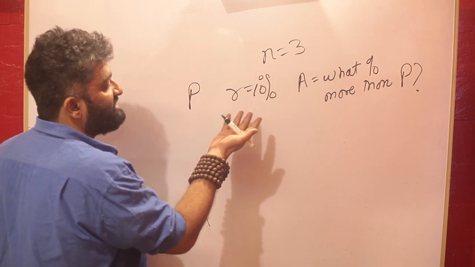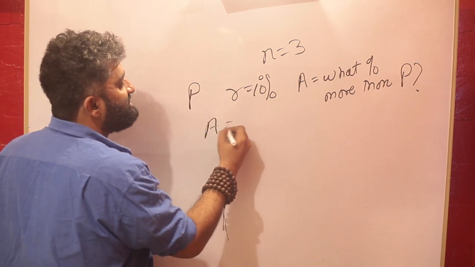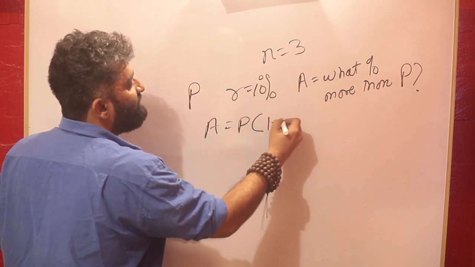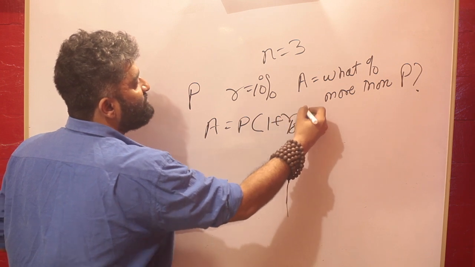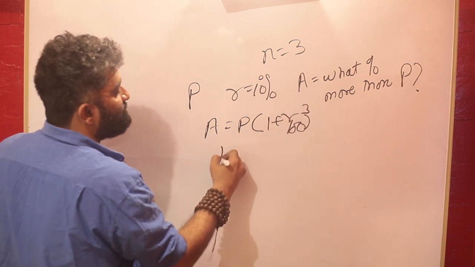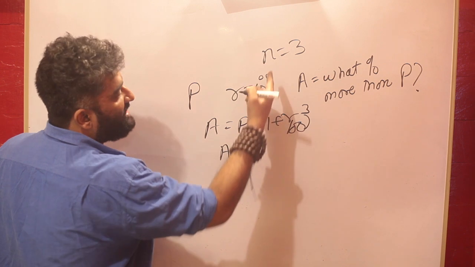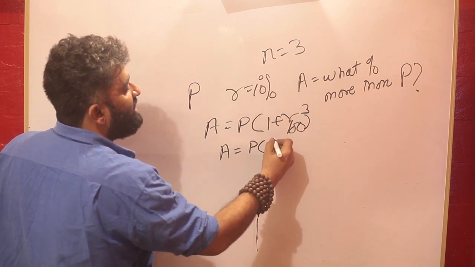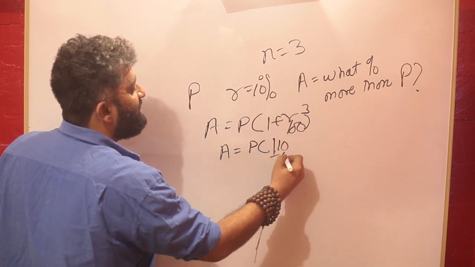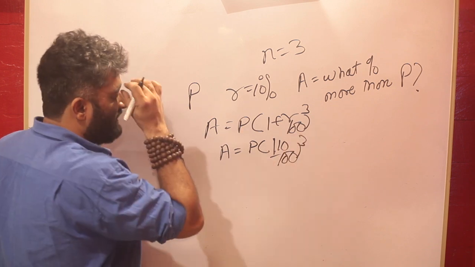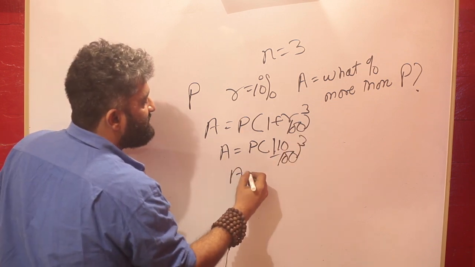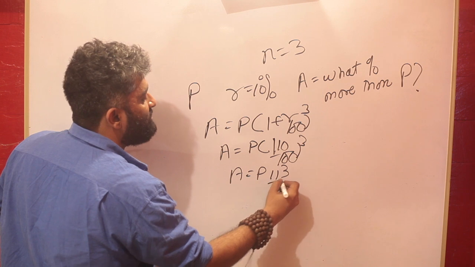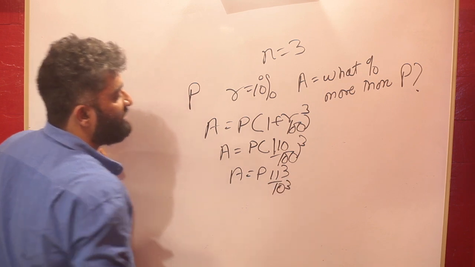So obviously I can understand that amount is equal to P into 1 plus R by 100 raised to 3, right? So amount is equal to, and R is 10, so P into 110 by 100 raised to 3. Now amount is equal to P into 11 cube by 10 cube.